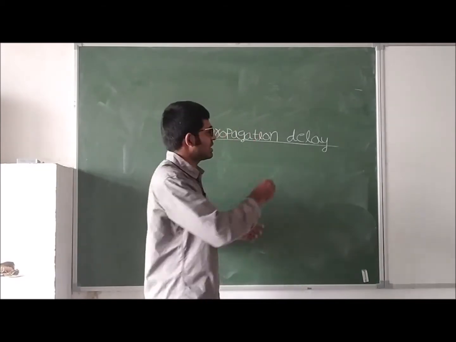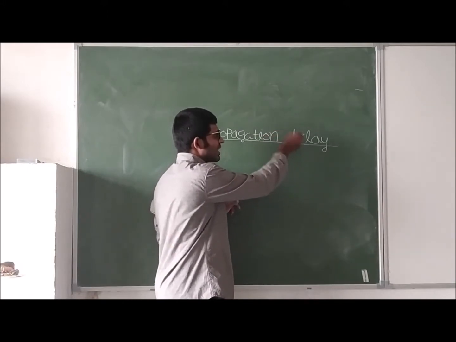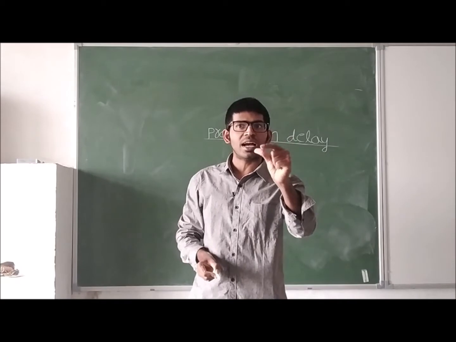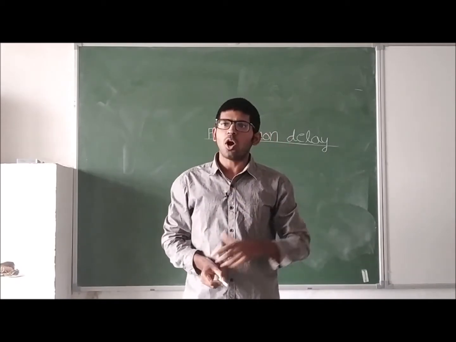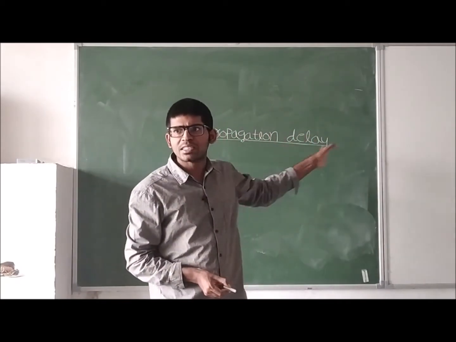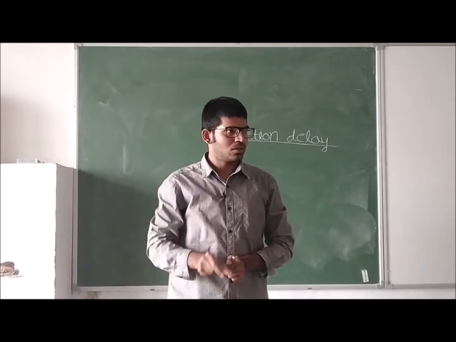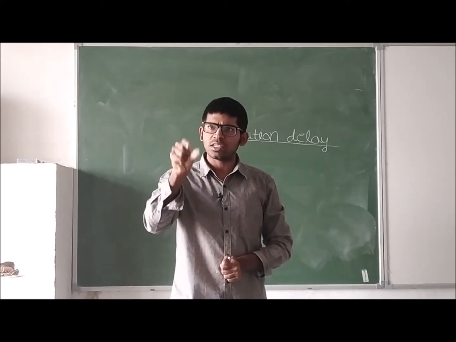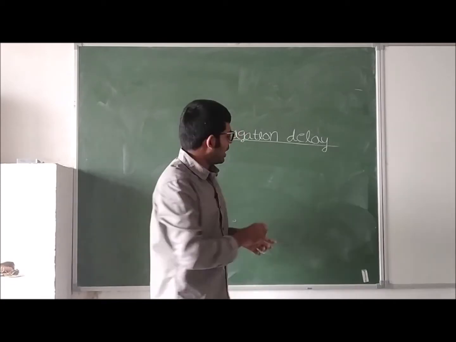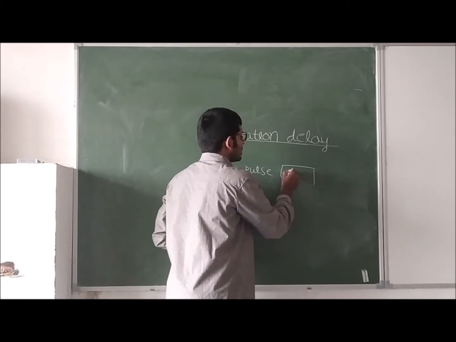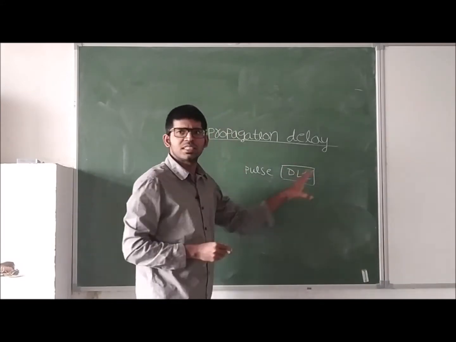As the name suggests, propagation delay gives the speed of the digital logic IC. So how can we define this propagation delay? If we send a pulse to any digital logic circuit, I am sending a pulse to a digital logic circuit. This is an IC.